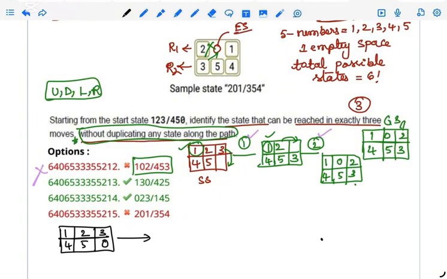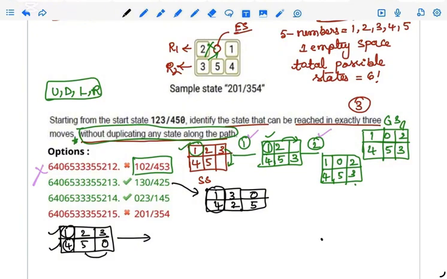For the second option, the goal state is 1 3 0 4 2 and 5. So 1 is in the correct position, 4 is also in the correct position in the start state. These 4 numbers are not correct.